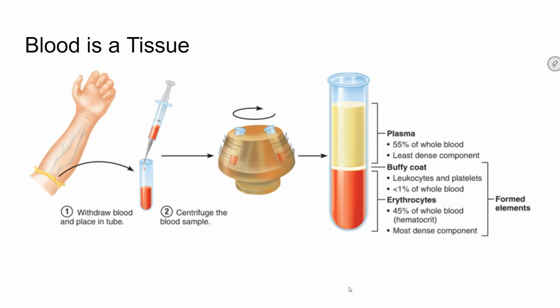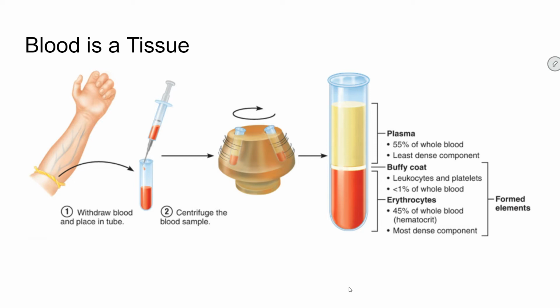Then you have what every single thing I've read calls the buffy coat. That probably means something. But the buffy coat is the leukocytes, which are a fancy word for white blood cells, and the platelets, which we'll talk about both of those in a second. And this is less than 1% of your blood.